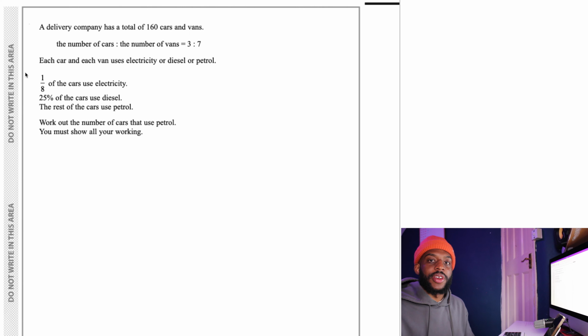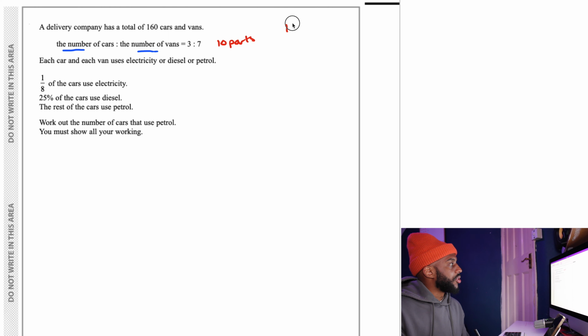In this question, we're going to be looking at ratios, fractions, and percentages. So the first step here is to look at the ratio that we're given. So the number of cars and number of vans is in a ratio of 3 to 7. So we add the 3 and the 7 together to give us 10 parts. And then we're going to do 160 divided by those 10 parts to give us how many vehicles, cars or vans, each part represents.